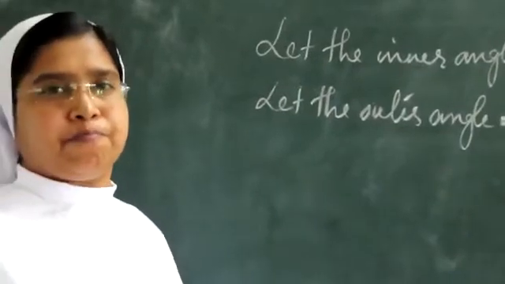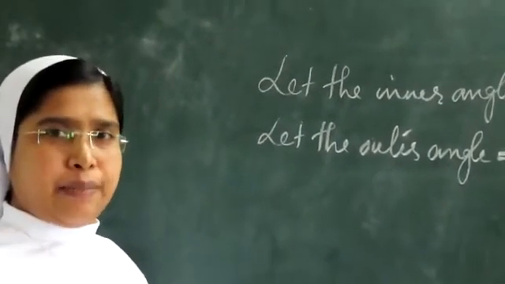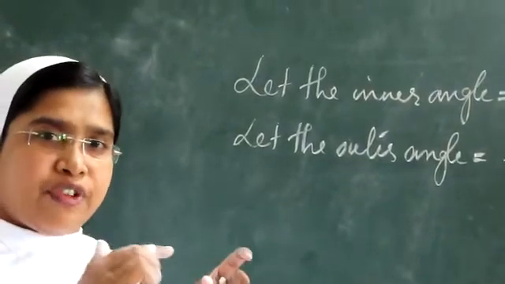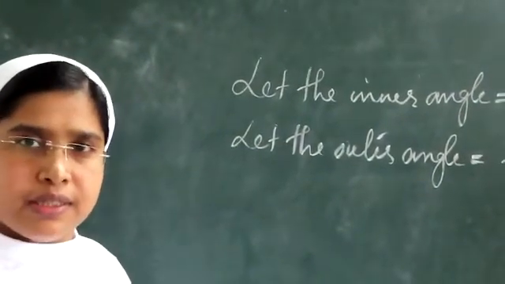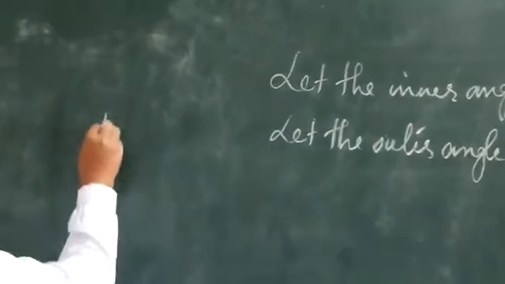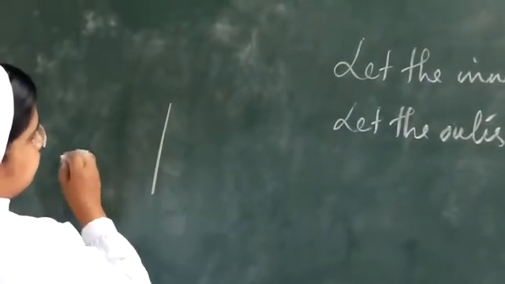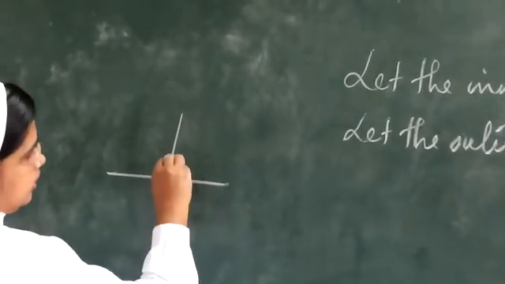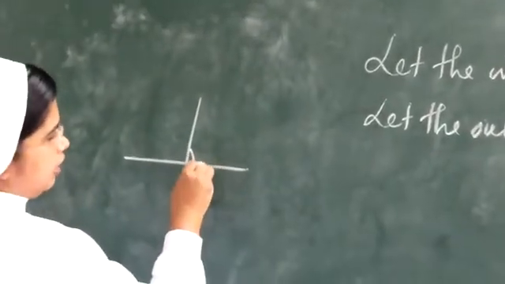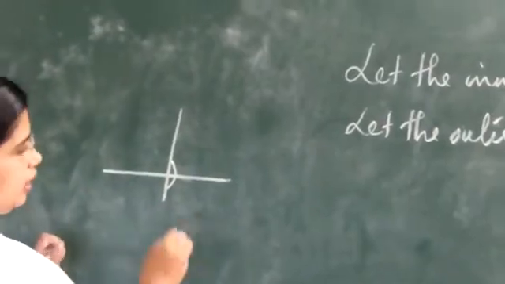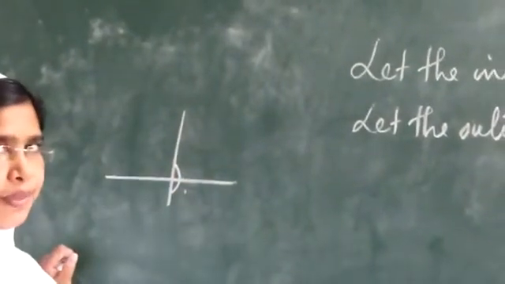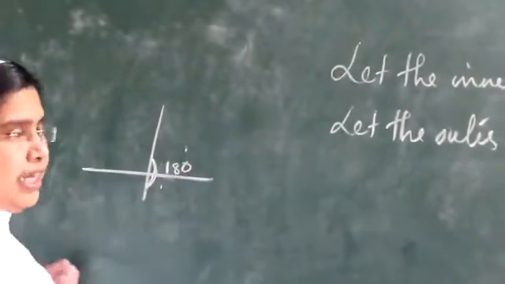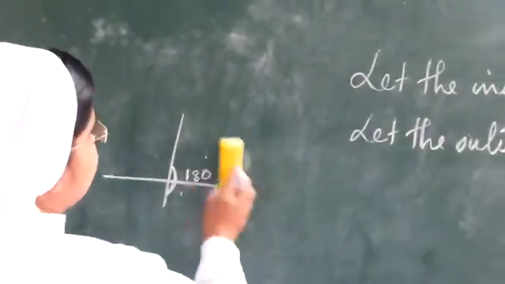Now what do we know? The sum of the inner and outer angles at a vertex is equal to how much? What is the sum? 180, because they are linear pairs.